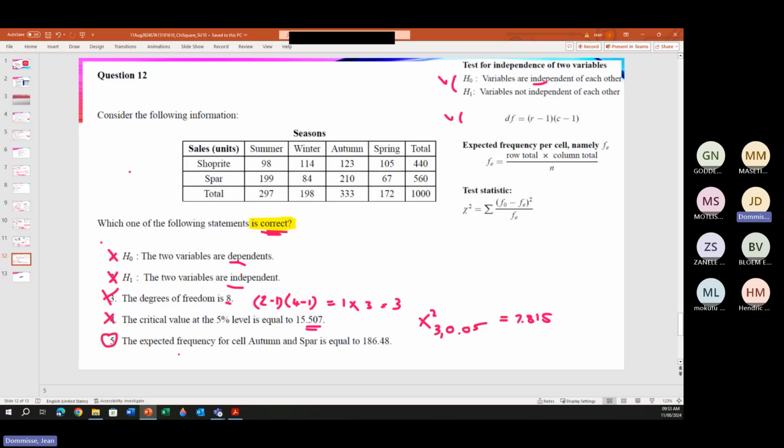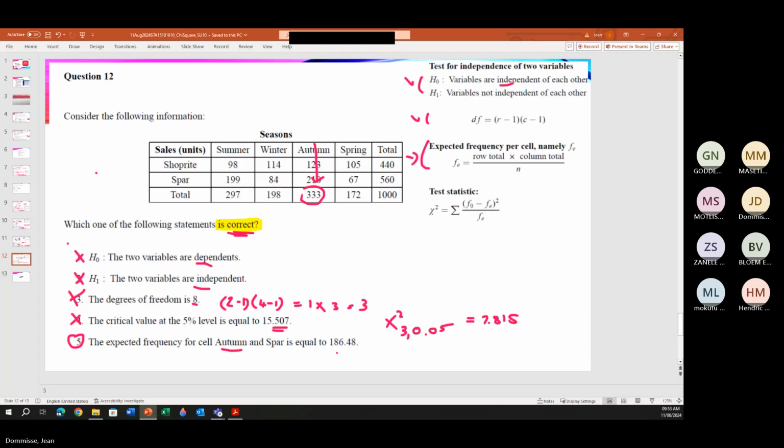But let's look at expected frequency. So we're going to do this for the cell autumn, spar. The total is 333 times the cell's spar total, that's 560, and that we will need to divide by the total, which is 1,000.